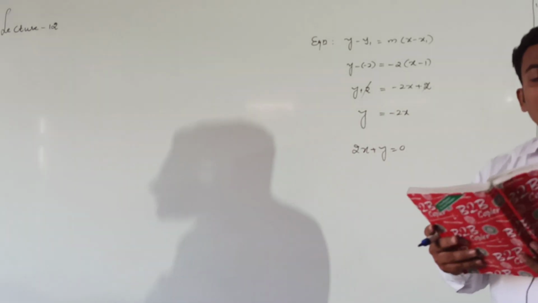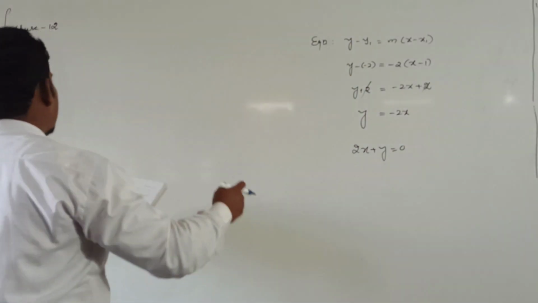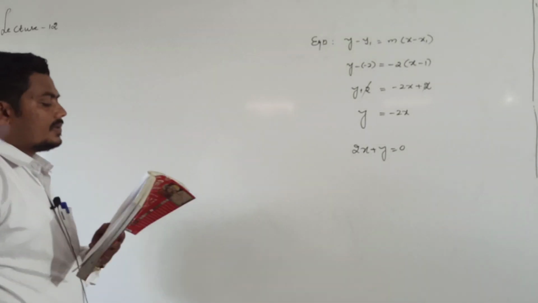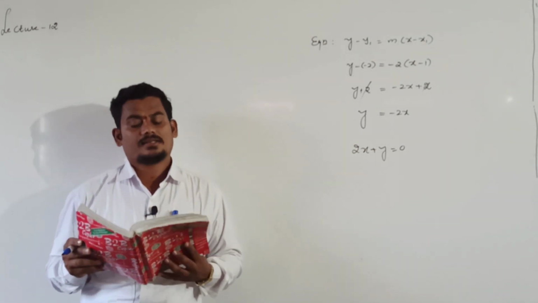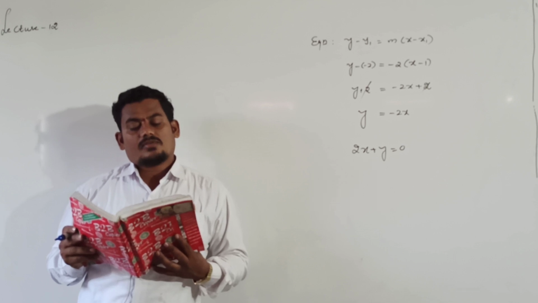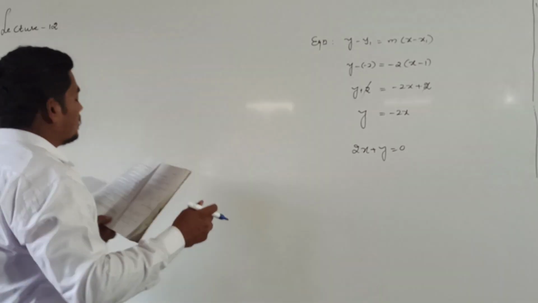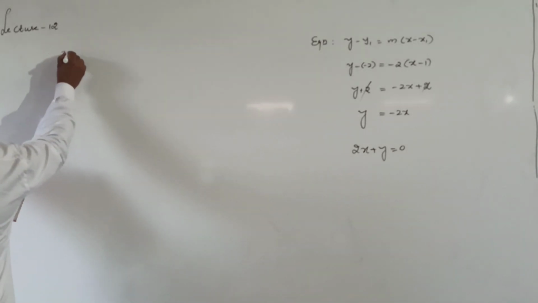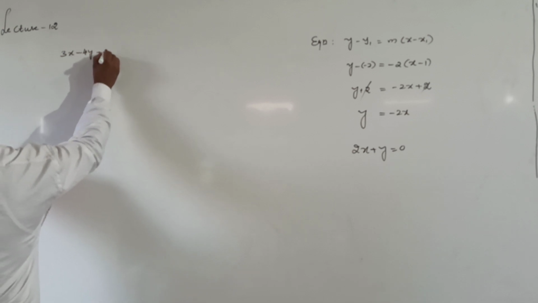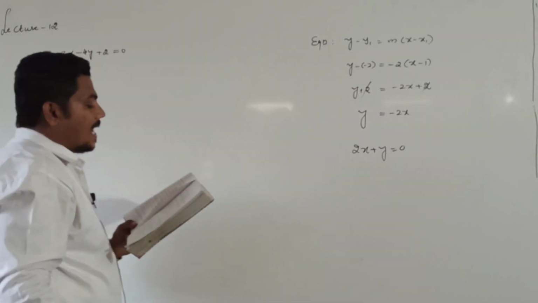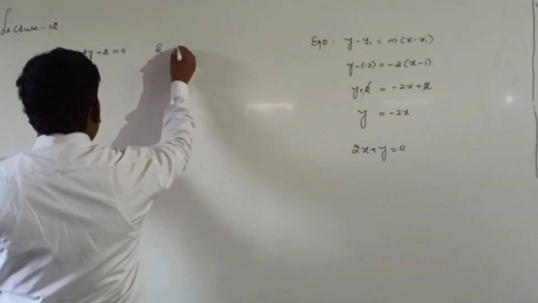Find the equation of the line parallel to the line. What is the question? In exercise 10.3, the seventh question, right? Find the equation of the line parallel to the line 3x minus 4y plus 2 is equal to 0 and passing through the point minus 2 comma 3.